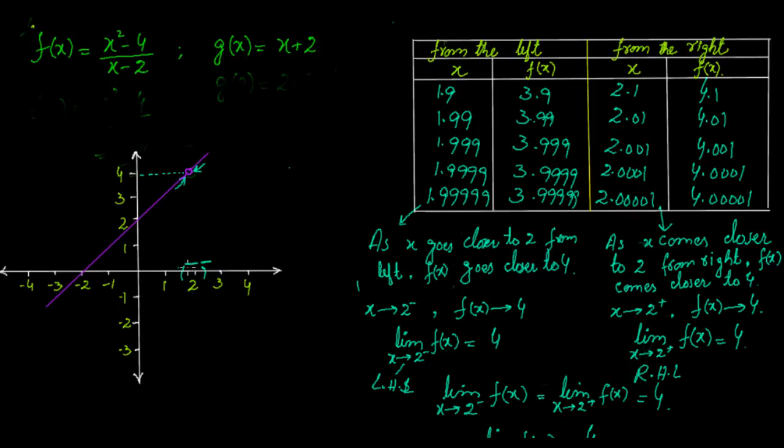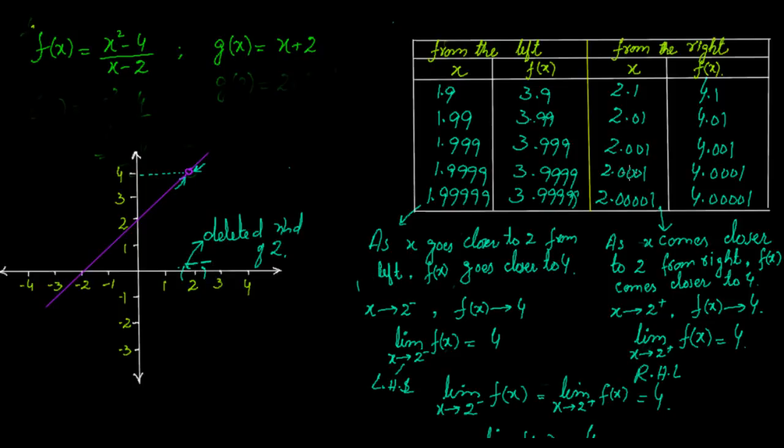In other words, f(x) was defined in the neighborhood of 2 except at x equals 2. Whenever anything is defined in the neighborhood of a point but not at that point, we say it is defined in the deleted neighborhood of 2. So f(x) here is defined in the deleted neighborhood of 2. So whenever we look at a limit of any function at any point, that function has to be defined in the deleted neighborhood of that point.